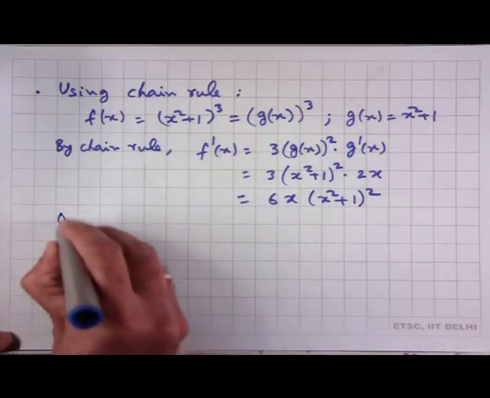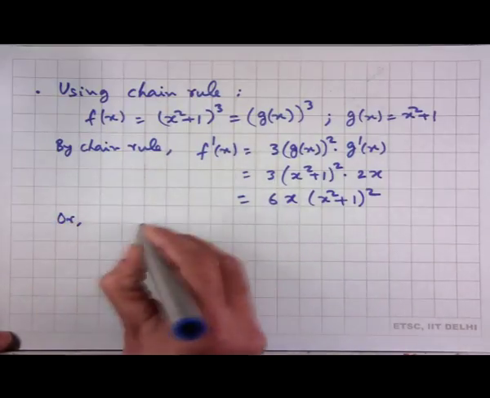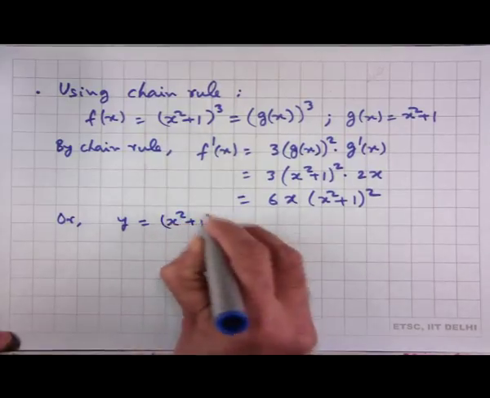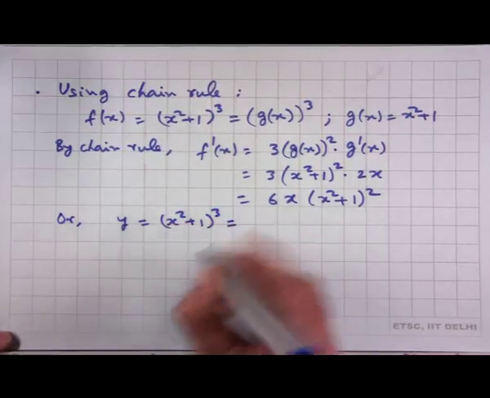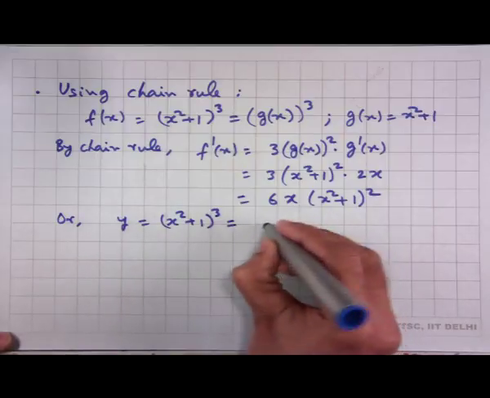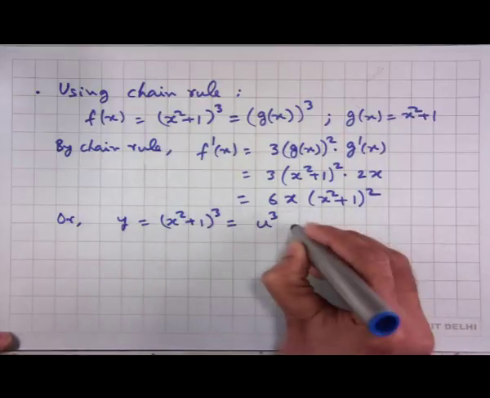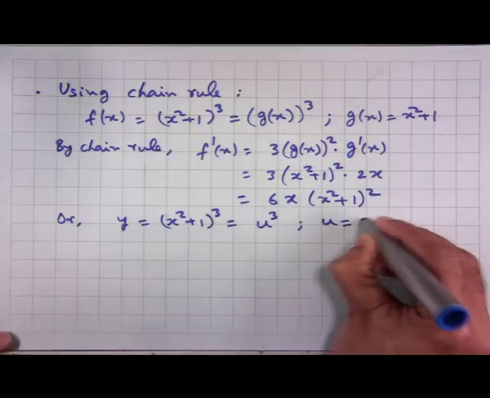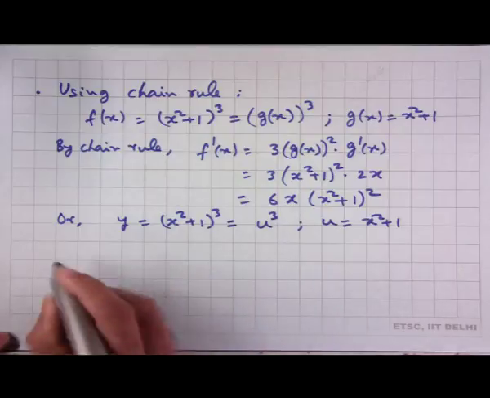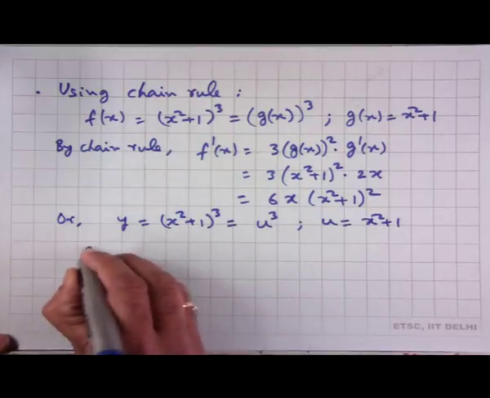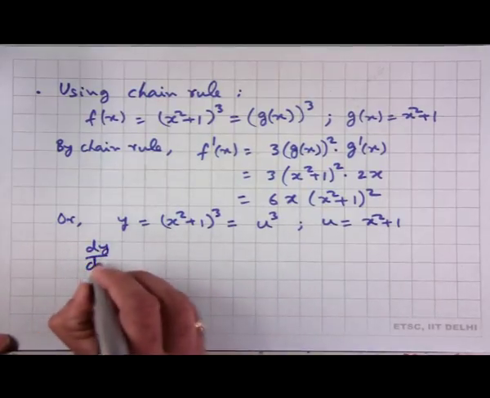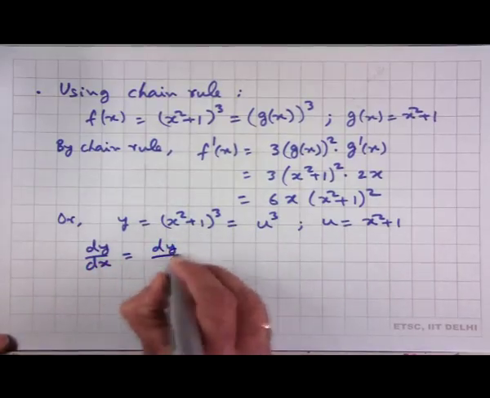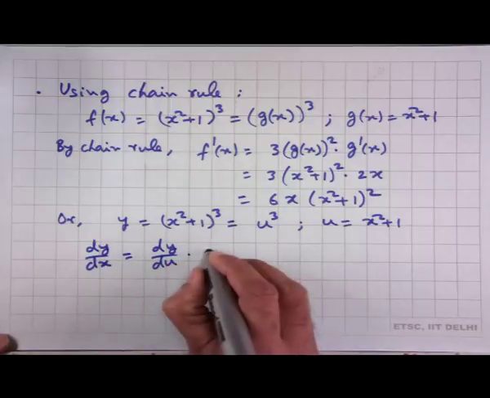Or you can write y is equal to x square plus 1 cube. This you write as u cubed, where u is x square plus 1, and then we know that dy by dx, y is a function of u now, so we write dy by du times du by dx, since u is a function of x.